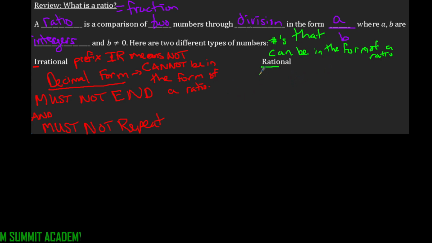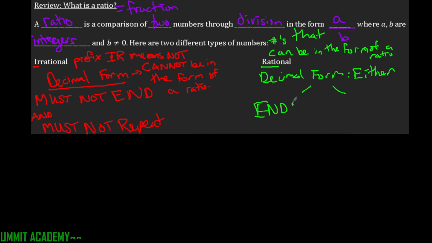So that means if I'm looking at that decimal form, it does one of these two things. It doesn't have to do both, because it can't do both, but it's going to do one of these. So it either ends or it repeats.